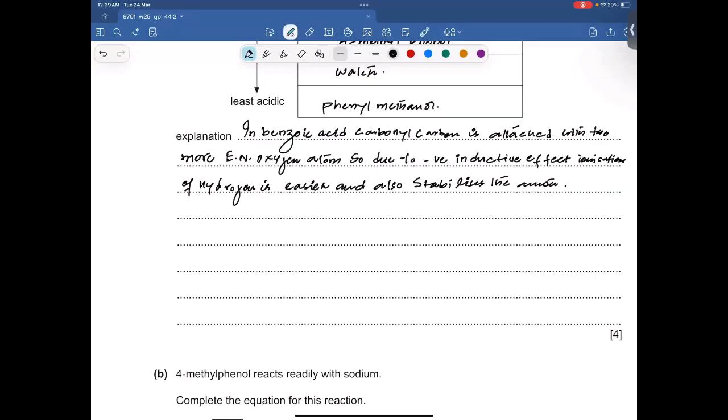That's a lot of writing actually. For 1 mark, that's a lot of explanation.